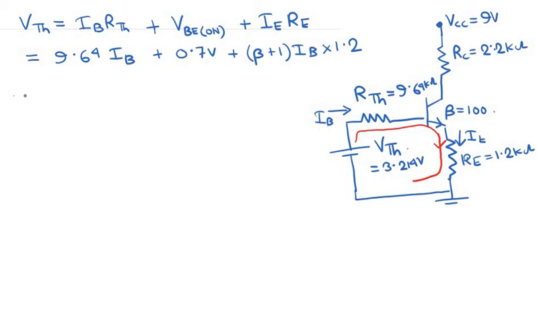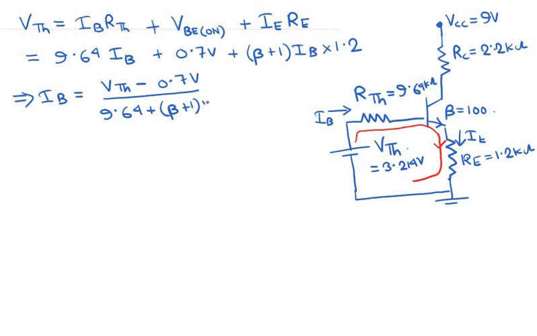Okay, so IB is equal to VTH minus 0.7 volts divided by 9.64 plus beta plus 1 into 1.2, and beta is equal to 100, so beta plus 1 is equal to 101, and VTH is 3.214 volts.